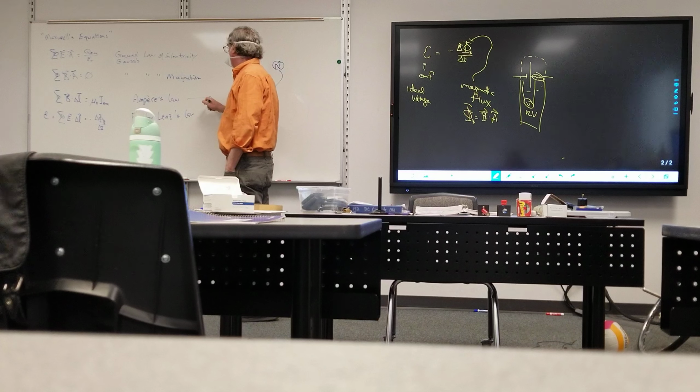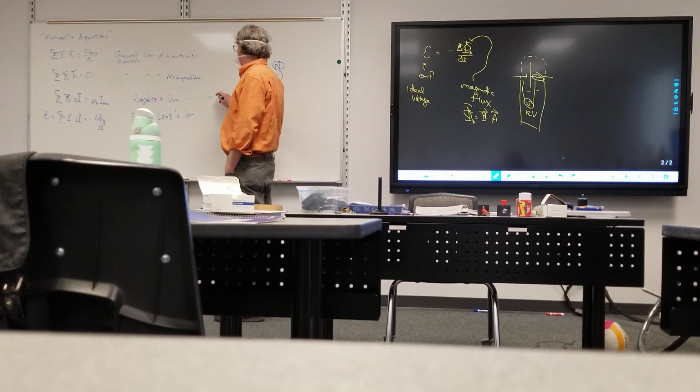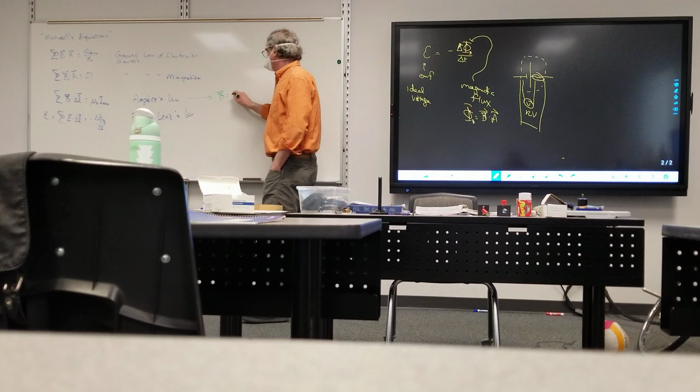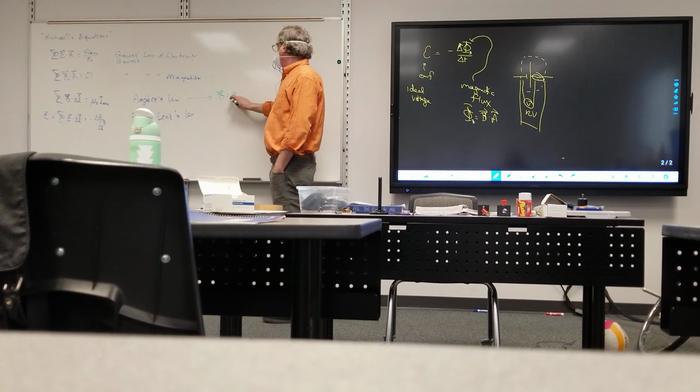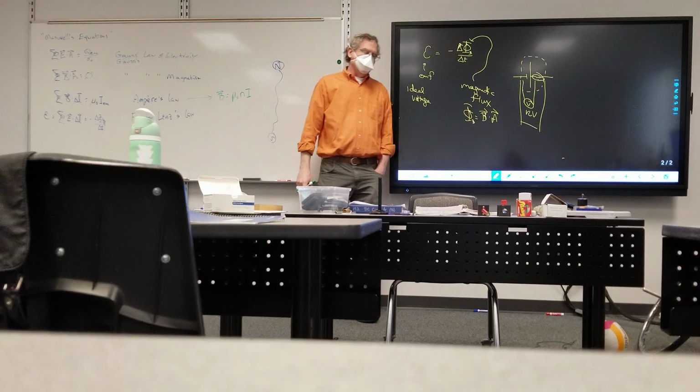So from this one, we derived the magnetic field through a solenoid in the center of the solenoid, mu naught n I, where mu naught is the permeability of free space.